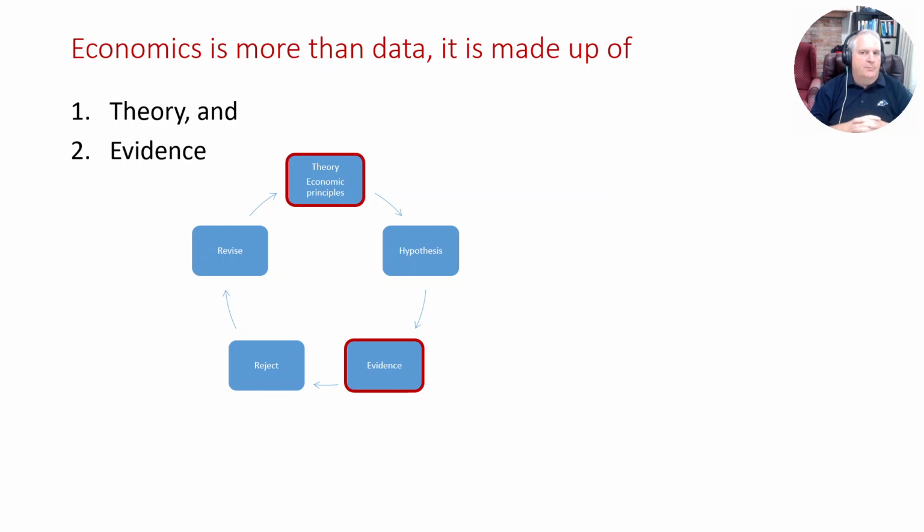These are the economic principles that you're going to be studying this term, and from those principles, we're going to make up some hypothesis, some idea of what we think will occur. And then we're going to collect evidence. Sometimes that evidence is hard quantitative data, sometimes it's qualitative data, but nevertheless it is evidence that we use to determine whether or not our hypothesis can be rejected or, as they say, accepted.